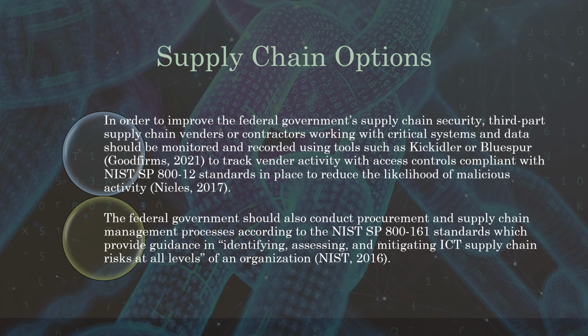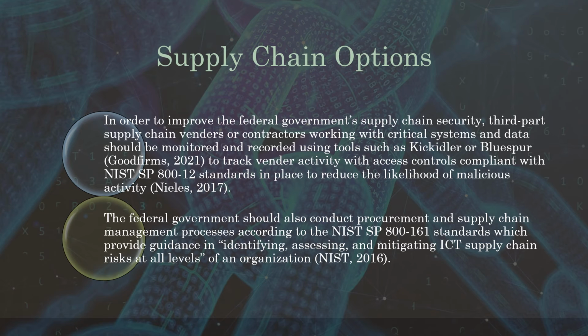So, in order to improve the federal government's supply chain security, third-party supply chain vendors or contractors working with critical systems and data should be monitored and recorded using tools like BlueSpur, for example, to track vendor activity, with access controls compliant with NIST SP 800-12 standards put in place in order to reduce the likelihood of malicious activity.